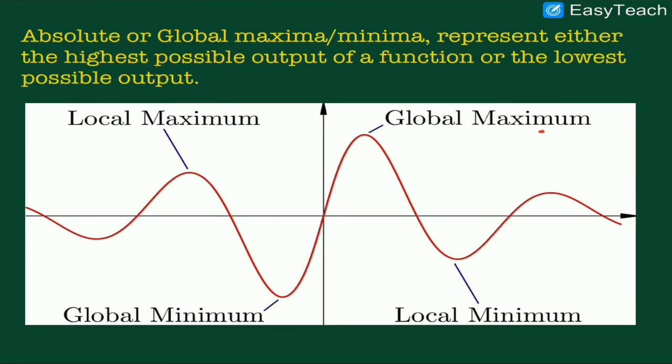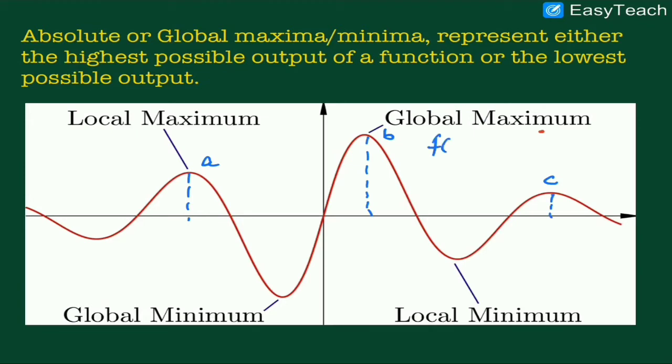Here the absolute or the global maxima or minima represent either the highest possible output of the function or the lowest possible output. Now let us suppose that this point is a, this point is b, and this point is c. Therefore, all 3 points a, b and c are points of local maxima.